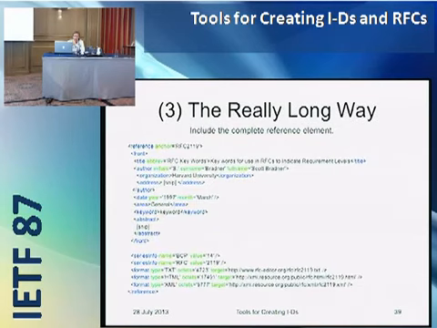And finally, the long way, you're including the complete reference element. So this is what it actually looks like in the citation library, except I snipped out some parts where it says snip because it was too long. And that information wouldn't end up in your citation anyway. These reference elements in the citation library sometimes have a lot of things like the abstract, but as you know, in the references section of a document, that abstract's not actually going to appear.